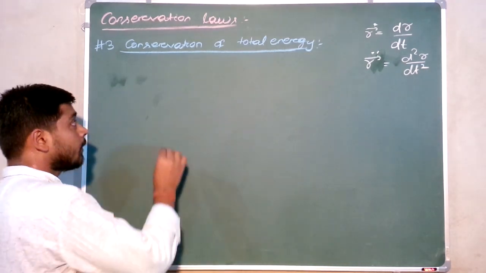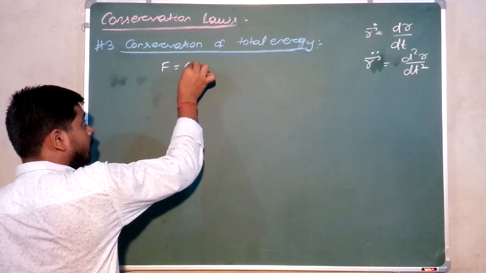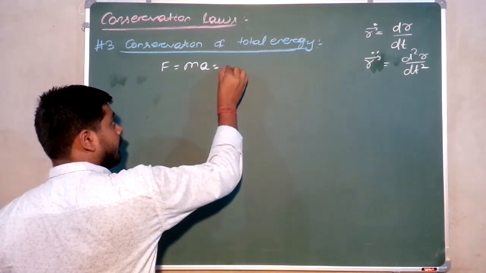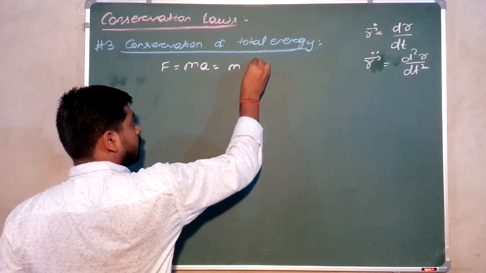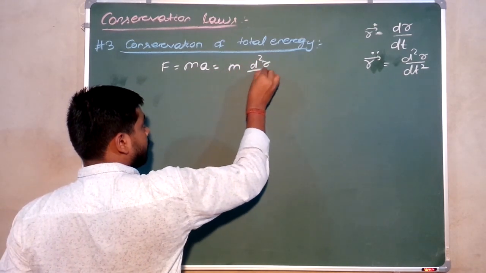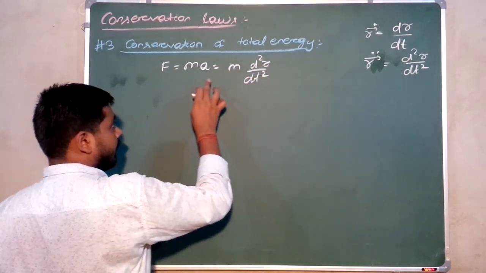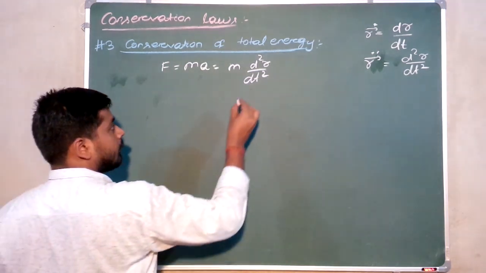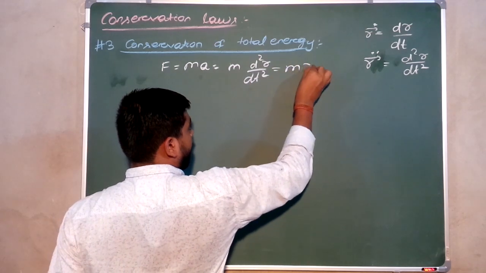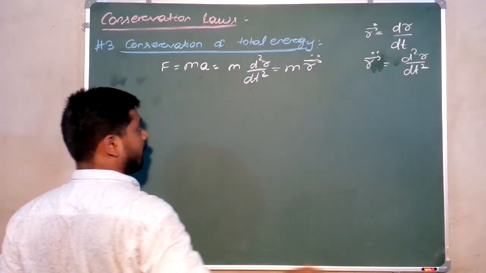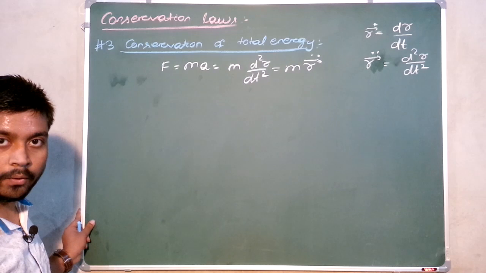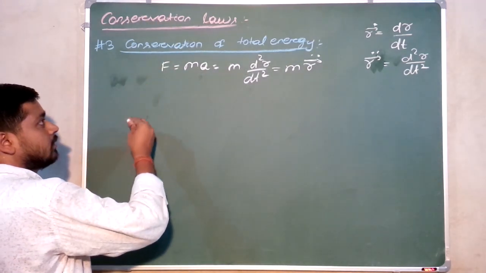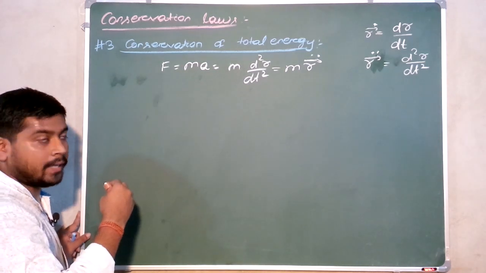We all know F equal to mass into acceleration. In place of a we can write d square r by dt square, that is F equals m r double dot. Yes or no? Okay, let us start the derivation to find out the conservation of total energy.